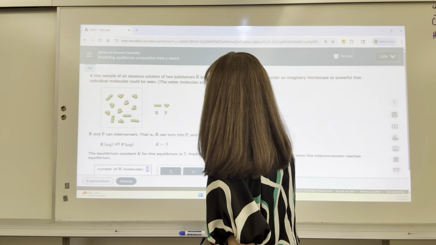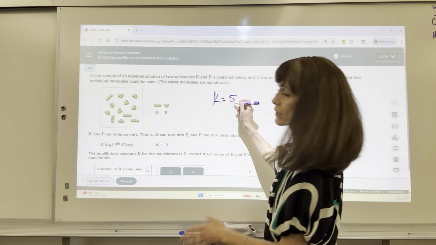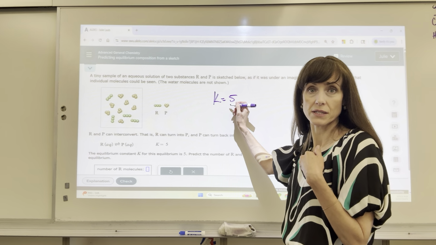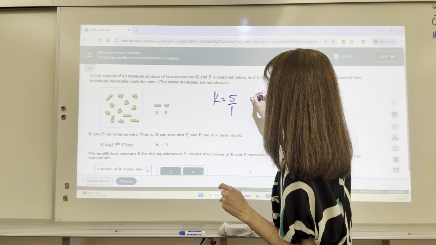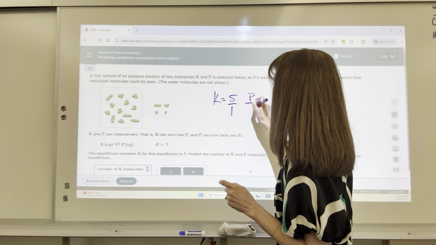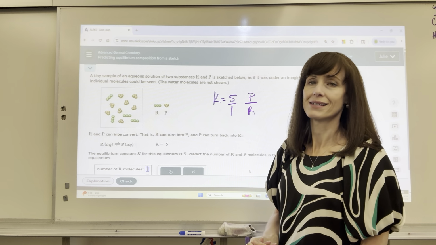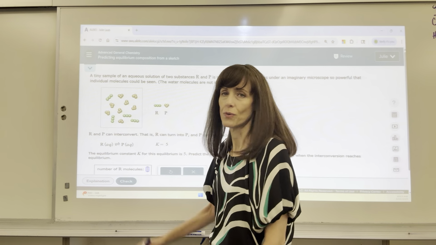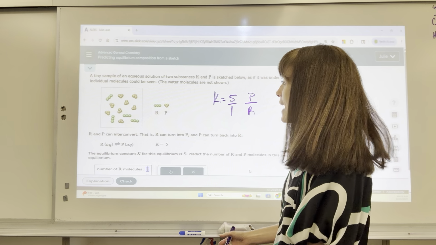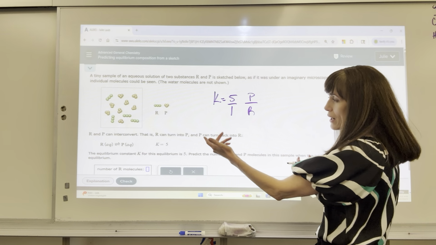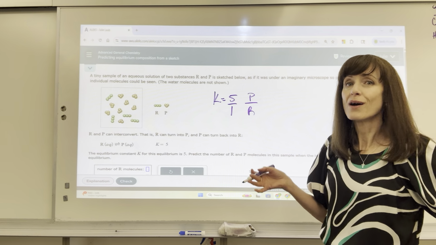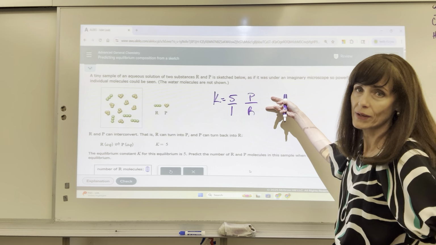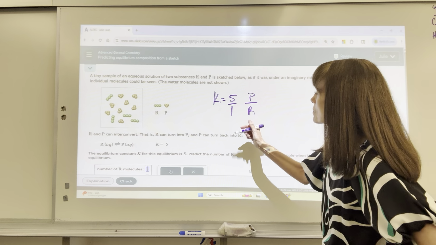So let's write that down. K is 5. Now whenever you have a number, you and I know that's understood to be over 1. So that means for every 5 products, you've got 1 reactant. And when I counted this up, we have 12. So if I have to end with my 12, because this is a 1-to-1 ratio, what ratio am I going to have here? 5 plus 1 is 6.